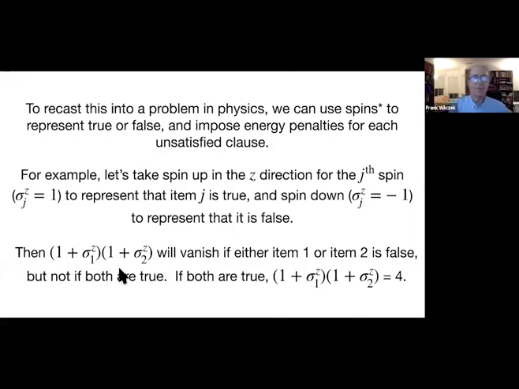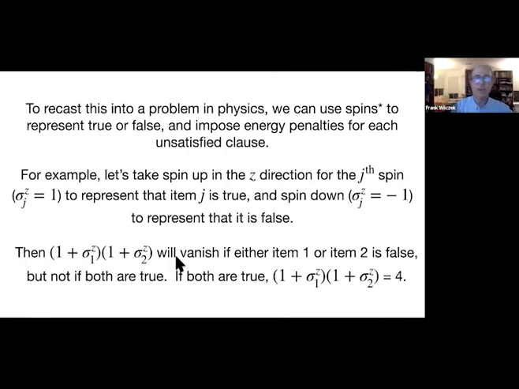So for instance, it's best explained in an example. Here, this quantity, 1 plus the value of the spin 1 in the z direction, multiplied by 1 plus the value of the spin 2 in the z direction. If either one of them is false, then this will be 0, because one of these will be 1 plus minus 1, which is 0.